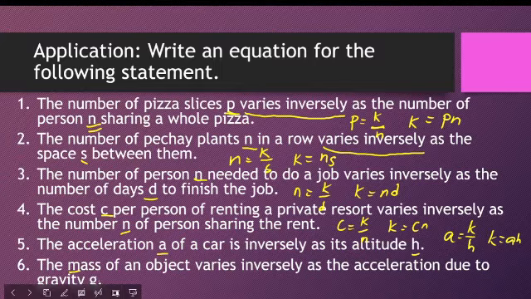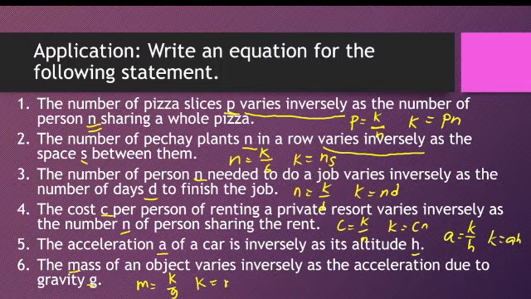So, gravity, merong G. So, gamit tayo ng G. Okay, so by that, we have M equal to K over G. Tapos, ang constant natin, K is equal to mg, product.